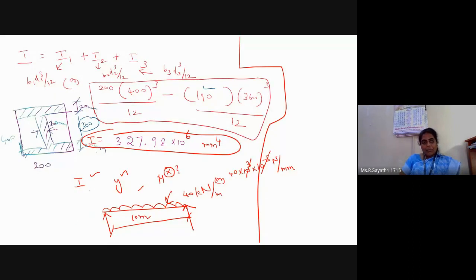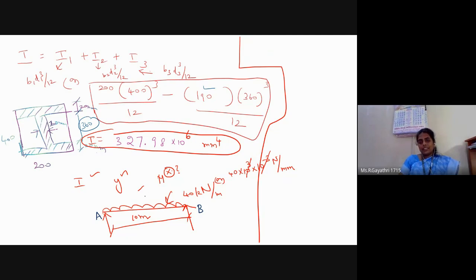We can name the ends A and B. UDL magnitude is 40 kilonewton per meter over the total span of 10 meter.